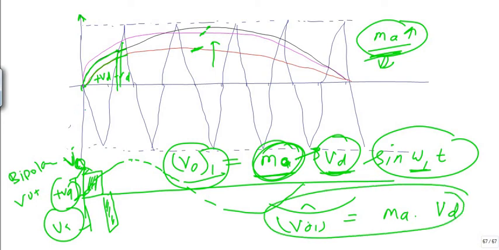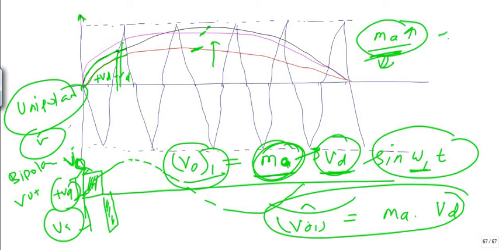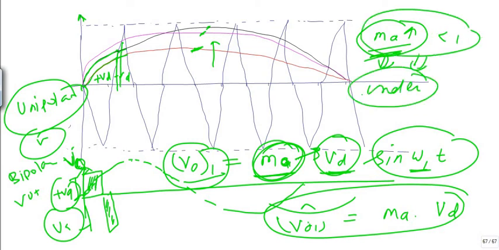The same is also valid for unipolar voltage switching. Here I have considered MA less than 1, which means under modulation. Under modulation, the fundamental component of the output voltage depends upon the modulation index and the input DC voltage, so the peak amplitude V naught equals MA times VD.